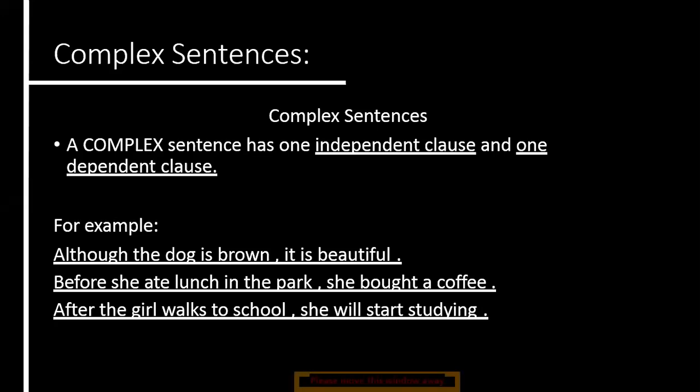I can switch. For example, I can say, she bought a coffee before she ate lunch. So there is no specific ordering for them. So don't take it that way. For example, the expression that we studied in class, I can say, if you study hard, you will succeed. I can replace that, say, you will succeed if you study hard.